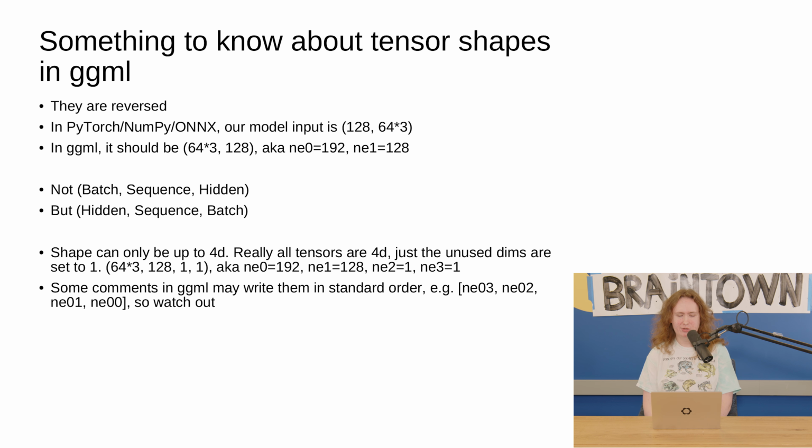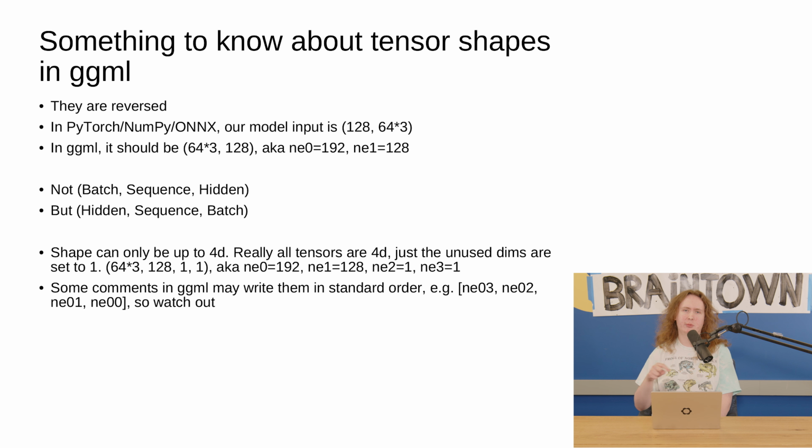One thing to know about GGML is that the tensor shapes are reversed. If you print that tensor shape in PyTorch or NumPy, it might be 128, 192. In GGML, that shape would be 192, 128. This is because in other frameworks, they're actually writing it right to left.